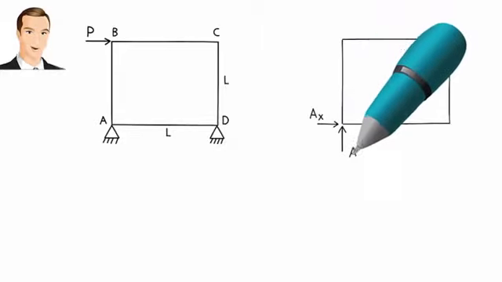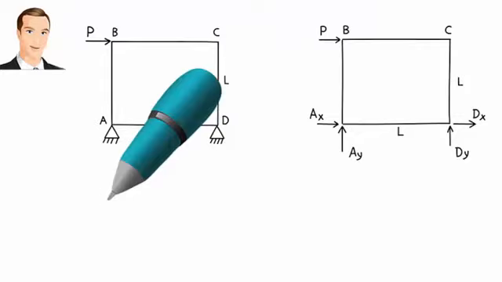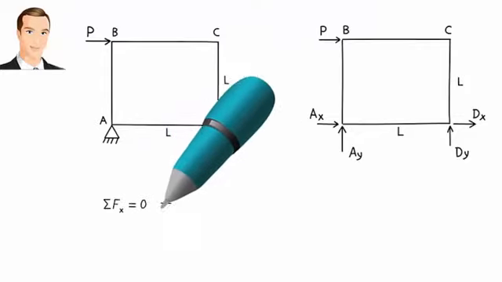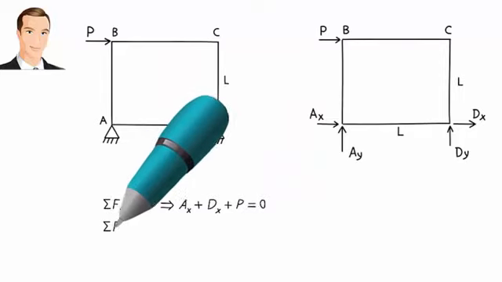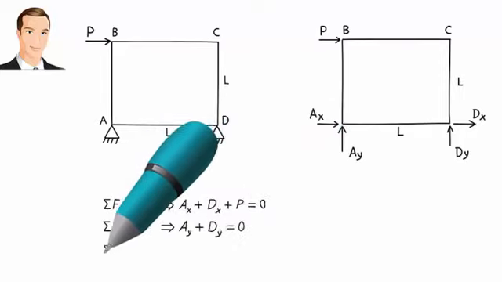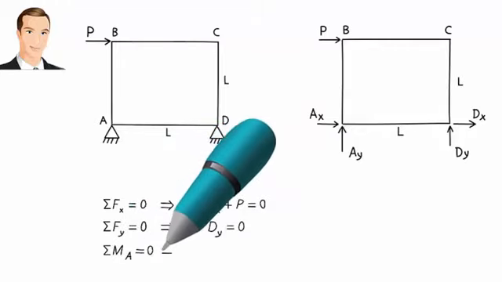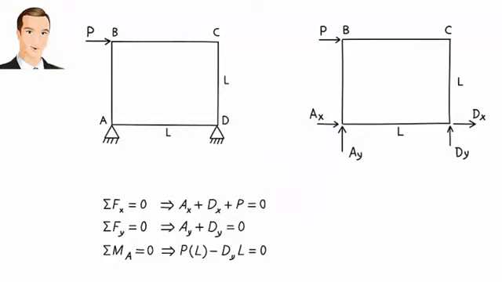Here is the free body diagram of the entire system, and here are the equilibrium equations. The system seems to be solvable, right?